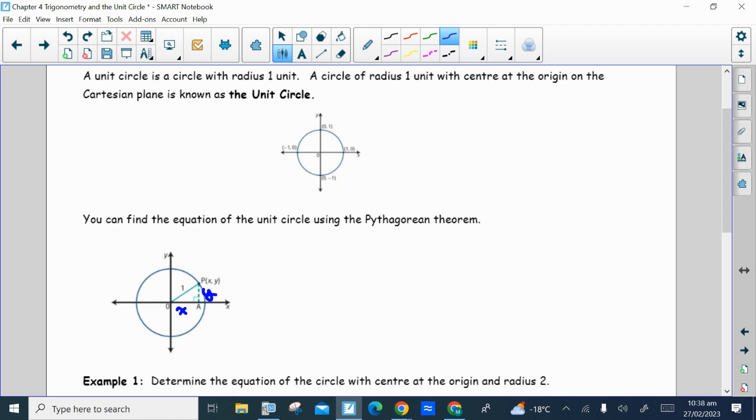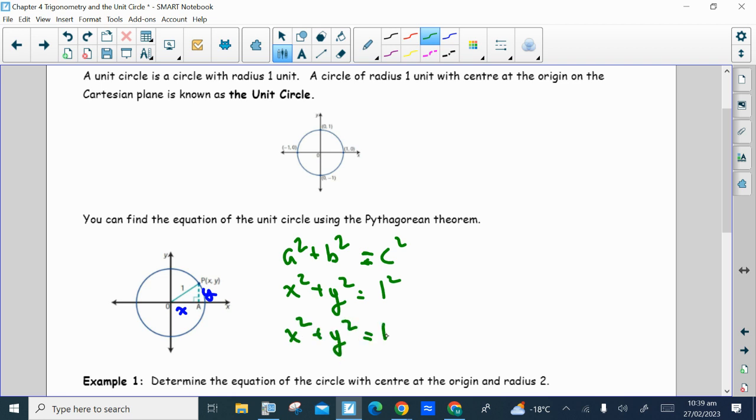And we know that when you have a right triangle, Pythagorean theorem says that a squared plus b squared equals c squared, where a and b are the two legs of the right triangle, and c is the hypotenuse. So the two legs of this right triangle would be x and y, so x squared plus y squared equals, and the length of the hypotenuse here is 1, and 1 squared is just 1.